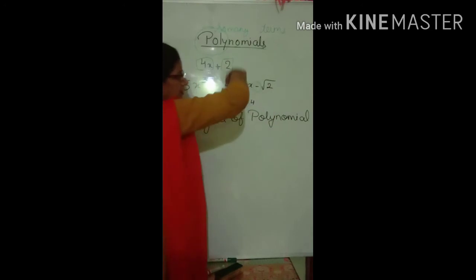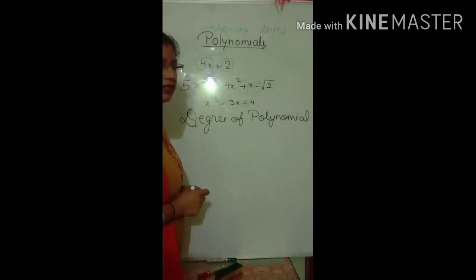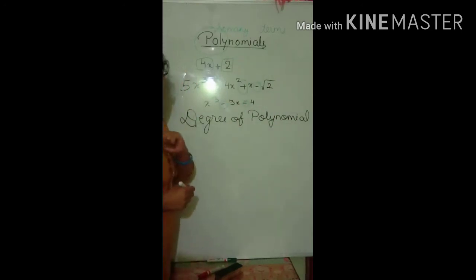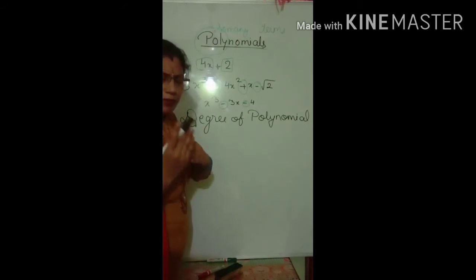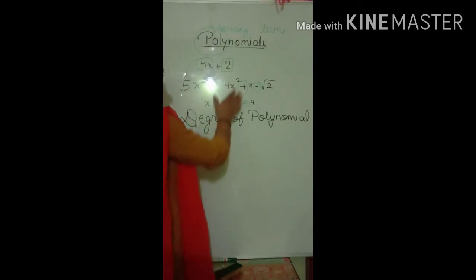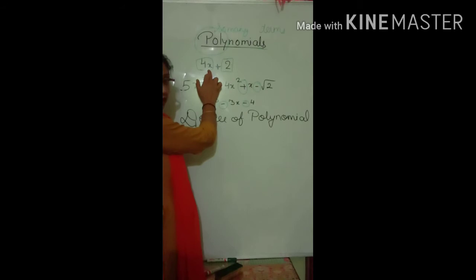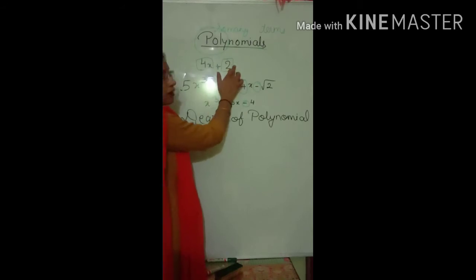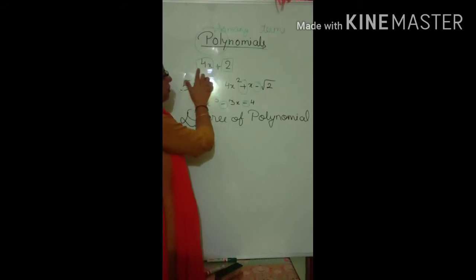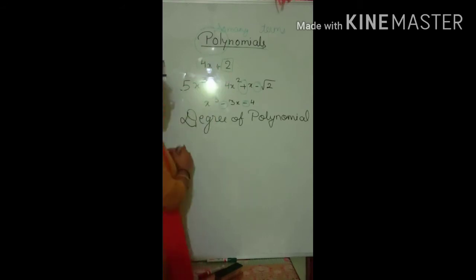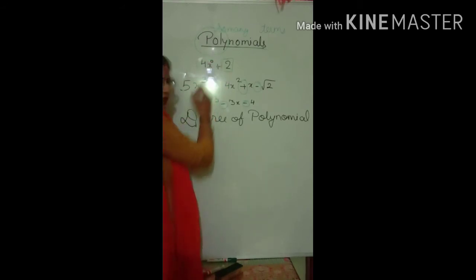Let us see it in these three examples. Degree of a polynomial means the maximum power of a variable. Where is a variable here? x. This is a variable. Here is no variable, so this is known as a constant. What is the power of x here? Nothing? 0?